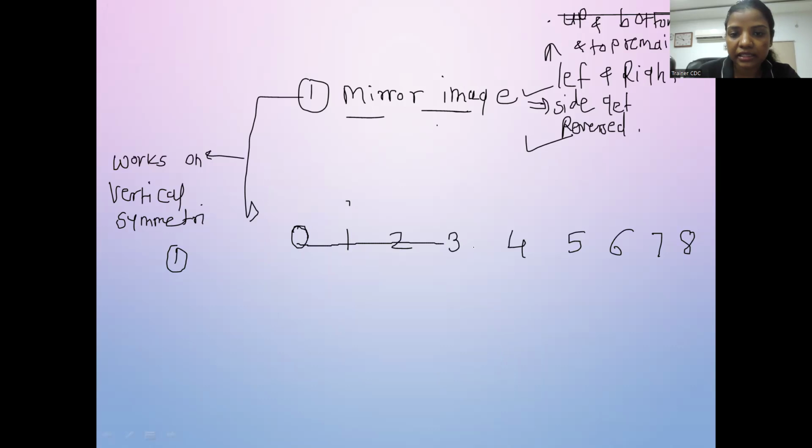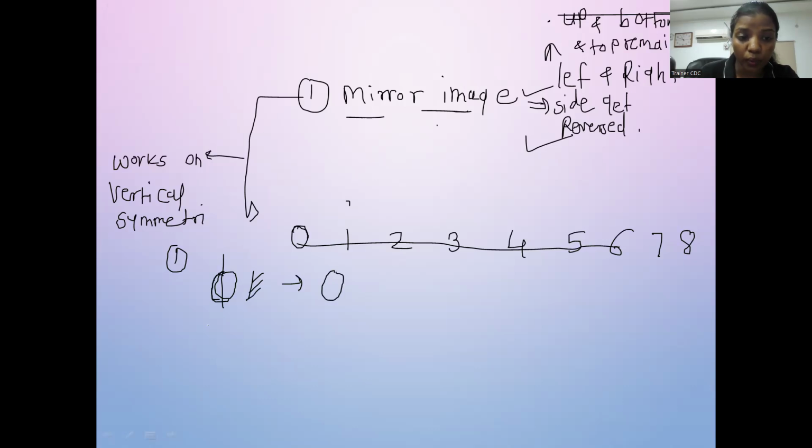Instead of writing these numbers in horizontal form, I will write these numbers in vertical form. So in front of every image, we can keep one mirror. Consider that I'm keeping one mirror here in front of the zero image. Now how will it look? If I draw one vertical line on zero, both sides are the same, right? Both sides of this zero are the same, so it is in vertical symmetry, correct? So 0 will look as it is.